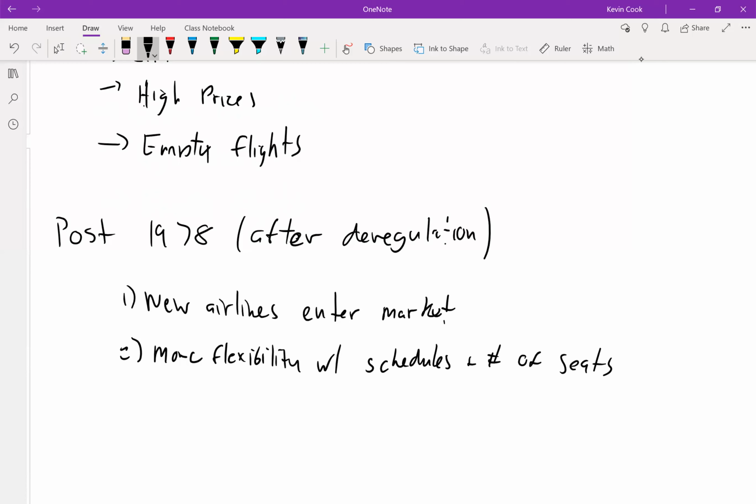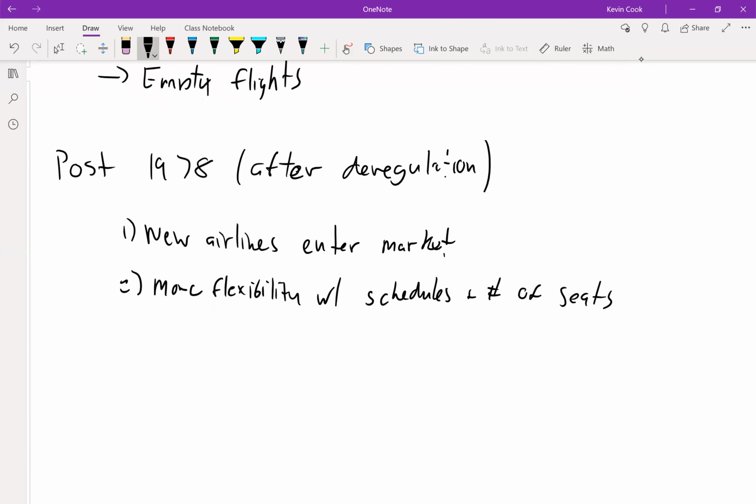But if United started in Des Moines with a large plane and Des Moines actually shrunk, or maybe something happened to Des Moines where they just don't have the demand that they used to, then originally they would not have had that flexibility, but today they would have the flexibility to make a smaller plane fly that route, or maybe cut out one of the flights every day, or whatever the case is.